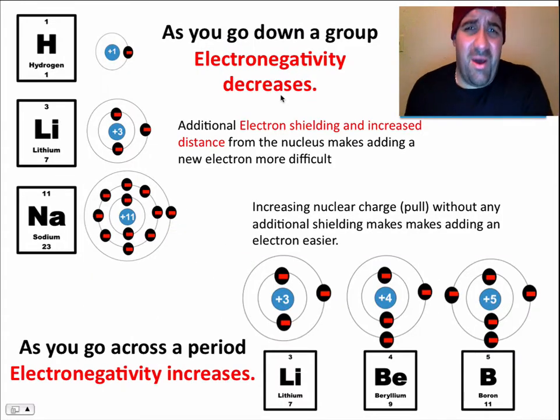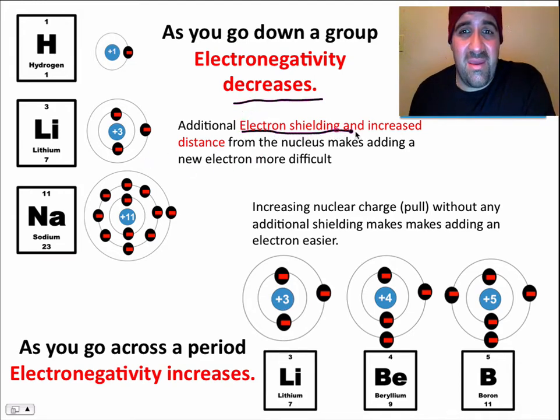Let's talk about trends in electronegativity in terms of electron shielding and nuclear charge. As you go down the periodic table, electronegativity decreases. Why? We have additional electron shielding and increased distance from the nucleus.